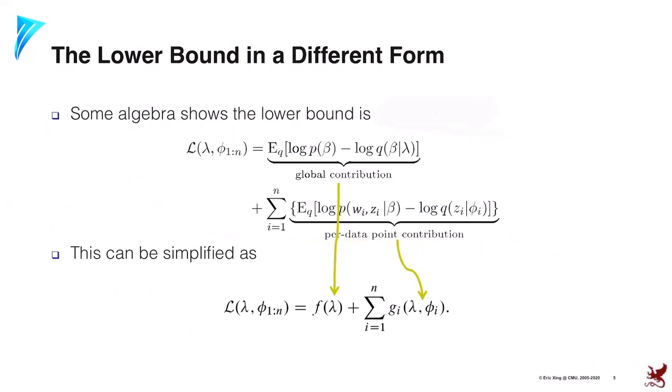And then if we denote by f(lambda) this expectation formula, and then we denote by g_i(lambda, phi_i) this formula, which is for each data point, then we can simplify this formula into this form.